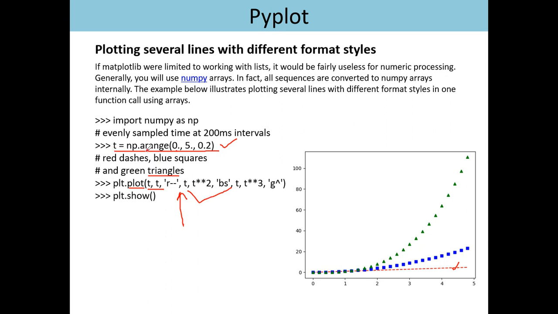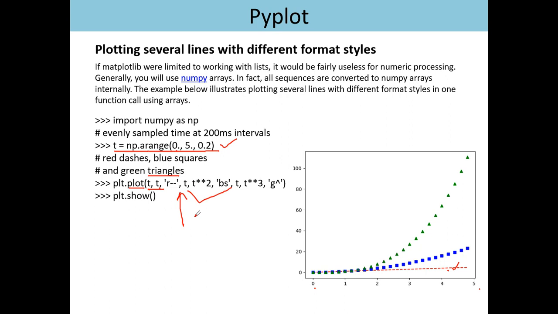So basically np.arange will give you a set of numbers. That set of numbers we are passing as the x and y coordinates. Here from 0 to 5, after every 0.2 interval we are getting this. So initially we pass the same array as x and y axis. That's why you are getting this line.